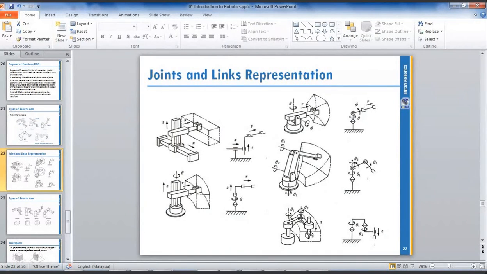Okay, all these values, for example, theta 1, theta 2, theta 3, will be included into our kinematic formula, the homogeneous transformation matrix or DH method. So we only use the angle, theta, and also the link length. The link length can be extended.